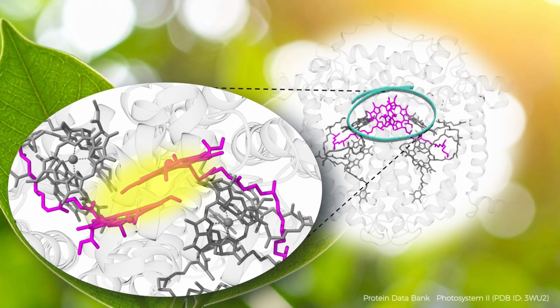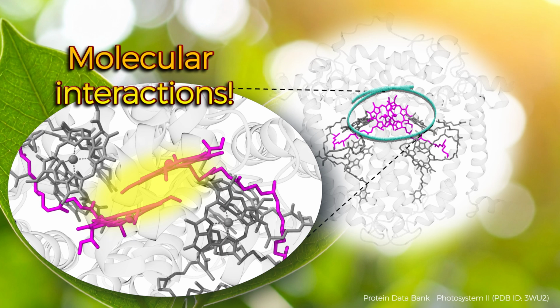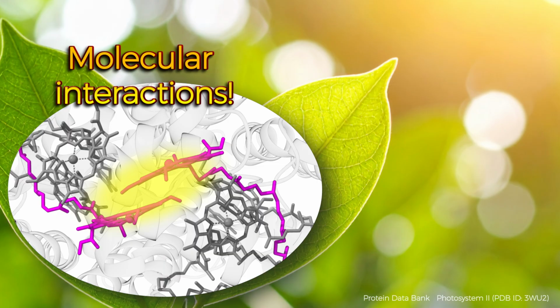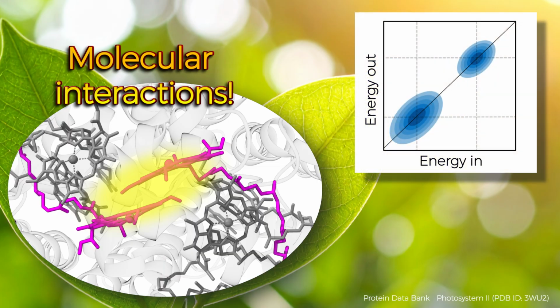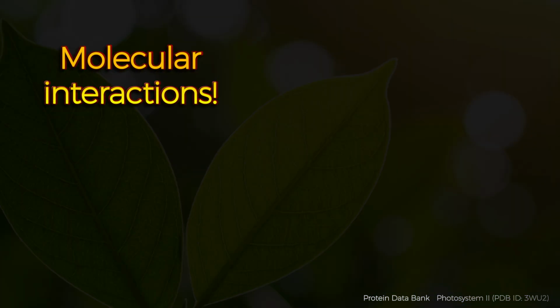These conditions allow the molecules to interact with one another, and this profoundly impacts how energy and charge moves through the broader system. Recall that multidimensional spectroscopy is designed to give us information about these interactions. We wanted to examine, can neural networks pull this information out for us?